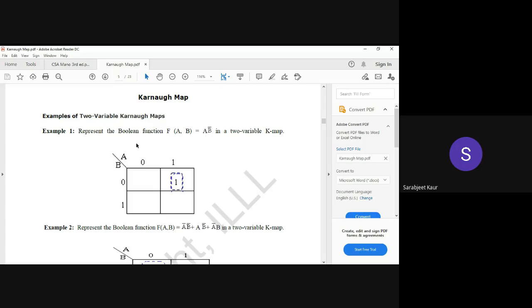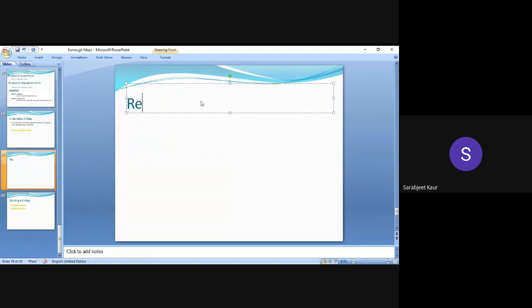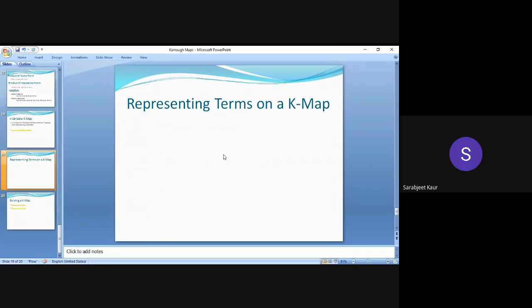You've seen the question here? We are going to see how to represent terms on a K-map first, and then we will see how to solve a K-map.